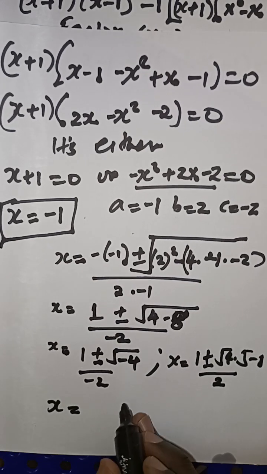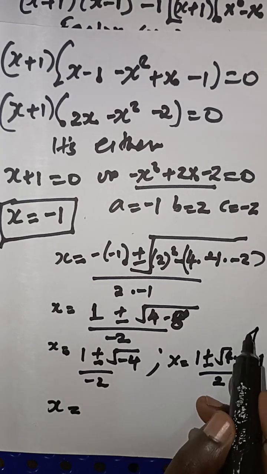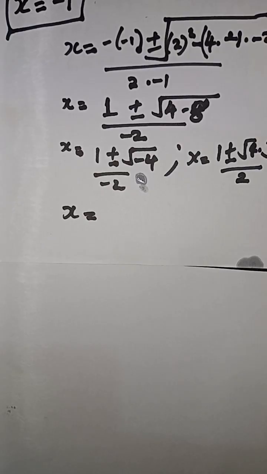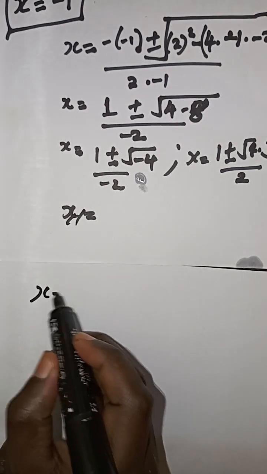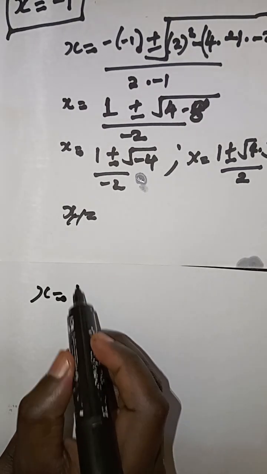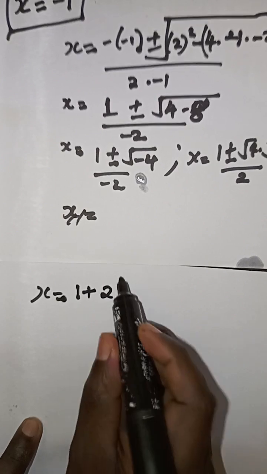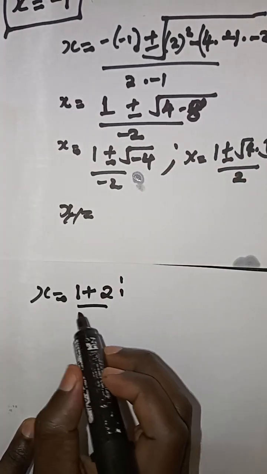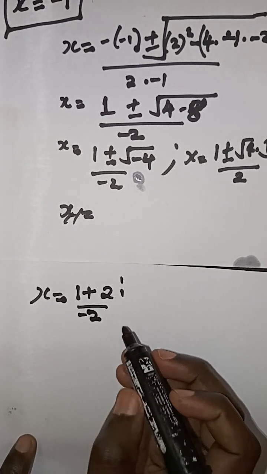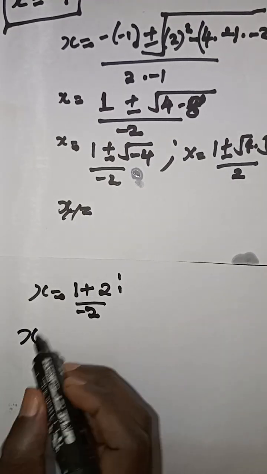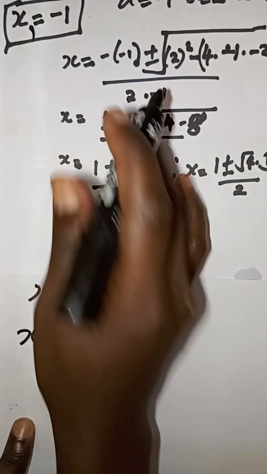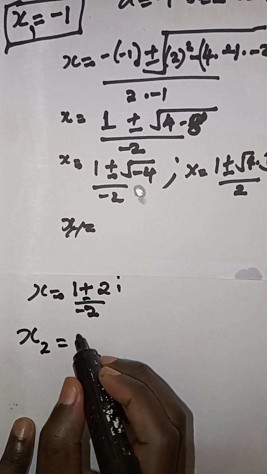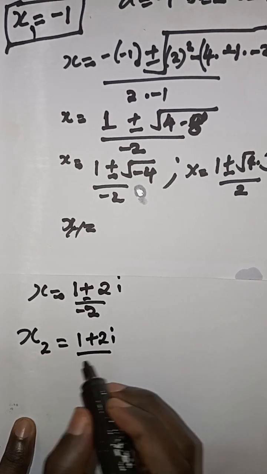If you simplify, I know that the square root of negative 1 is i. So I'm going to end up having x equals 1 plus 2i, the square root of that negative 1, over negative 2, meaning this was my first value of x, and the second value of x is going to be 1 minus 2i over negative 2.